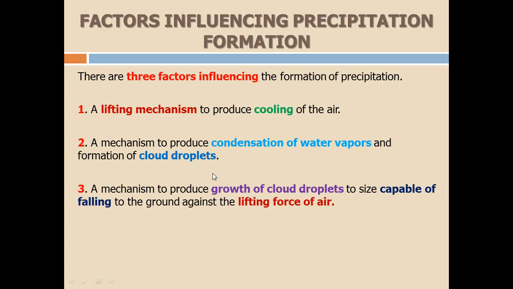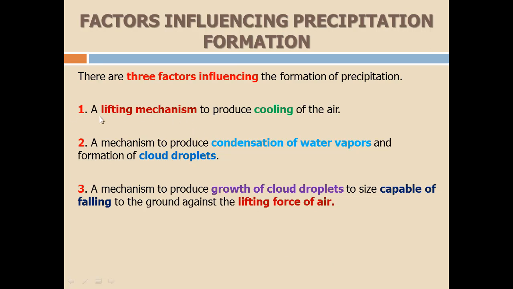Therefore, these particles will not come down to the earth, which means precipitation will not start. So the next step, number 3, is required for the growth of these droplets to a size capable of falling to the ground against the lifting force of the air.